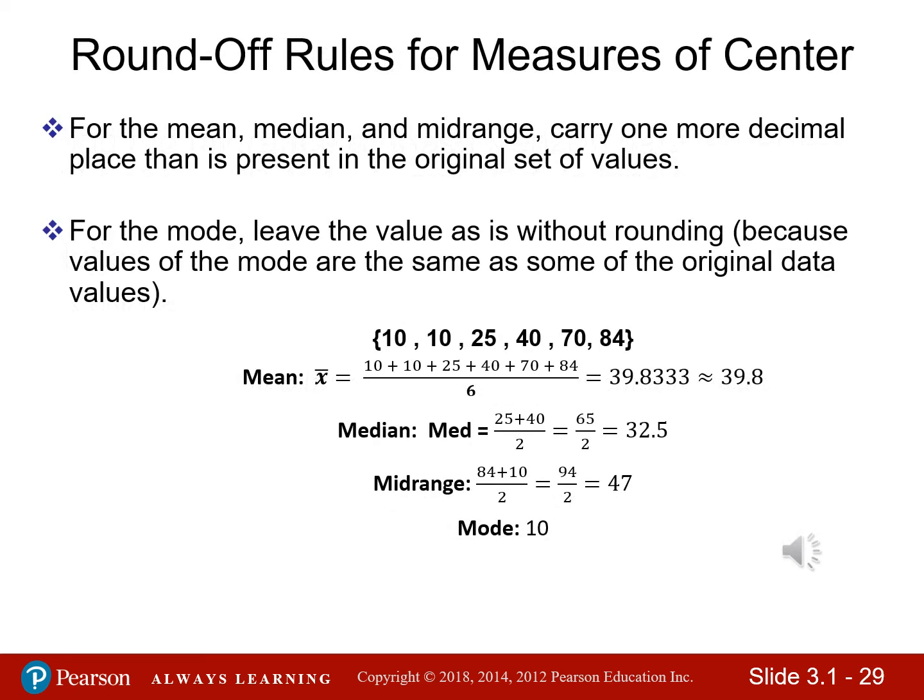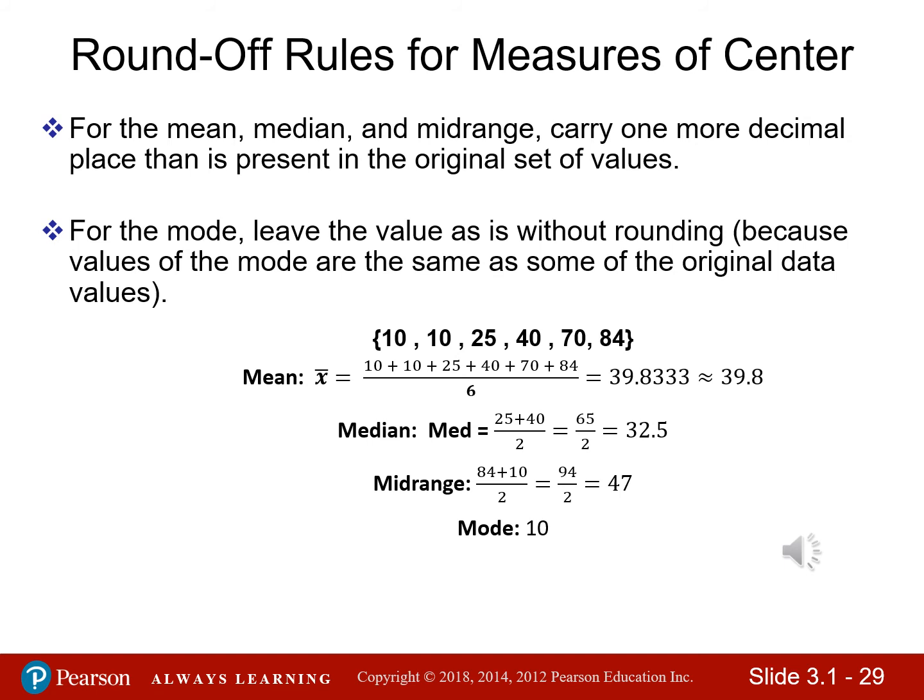Let's review some rounding rules for measures of center. For the mean, median, and mid-range, carry one more decimal place than is present in the original set of data. For the mode, leave the value as is without rounding, because the values of the mode are the same as some of the original data values.